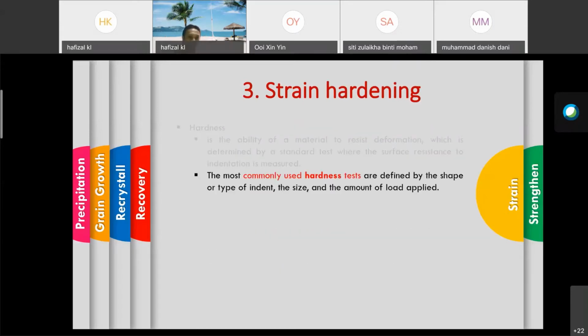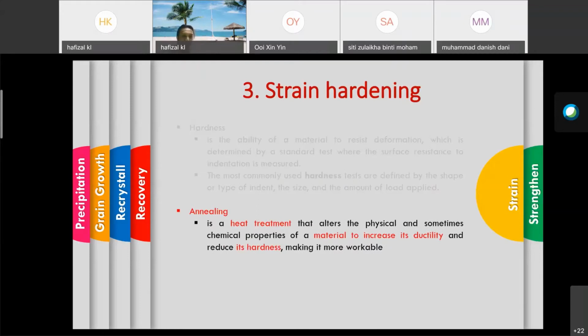The most commonly used hardness tests are defined by the shape of the indent, size, and amount of load applied. So this gives us the hardness of the material depending on the different testing method.